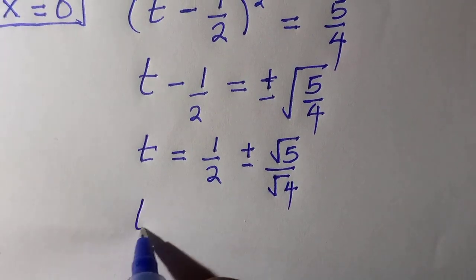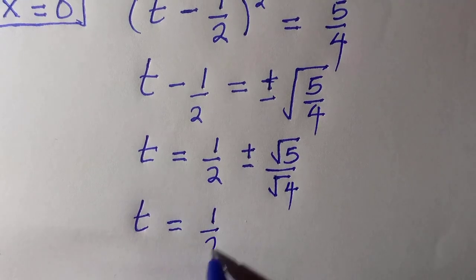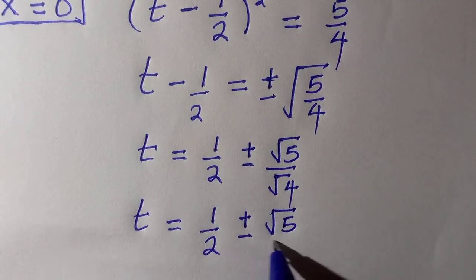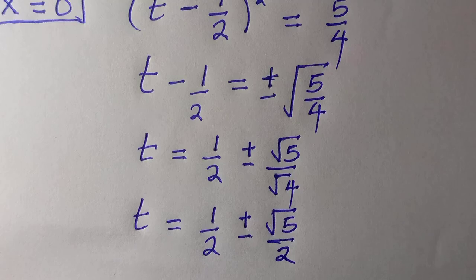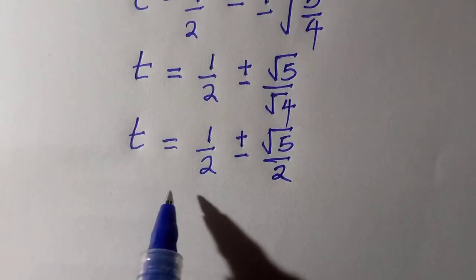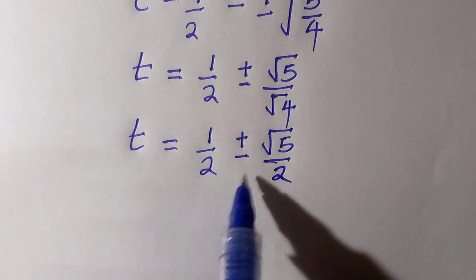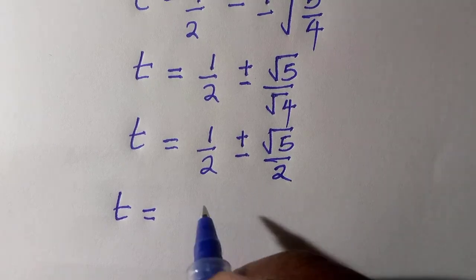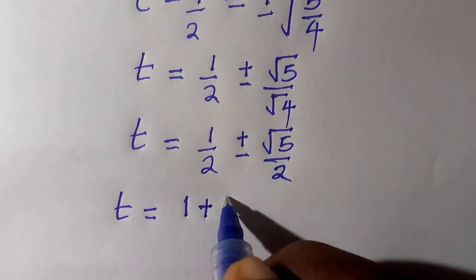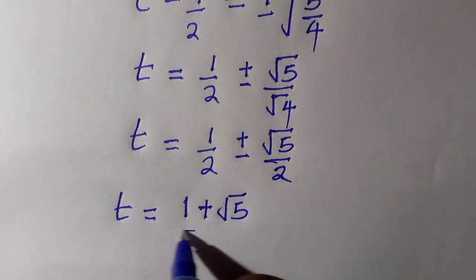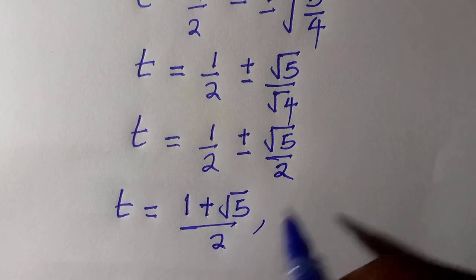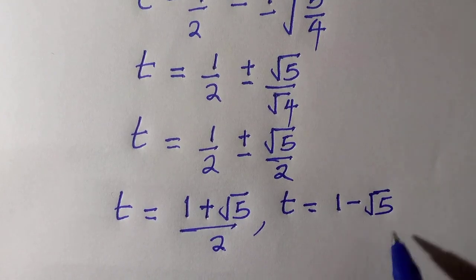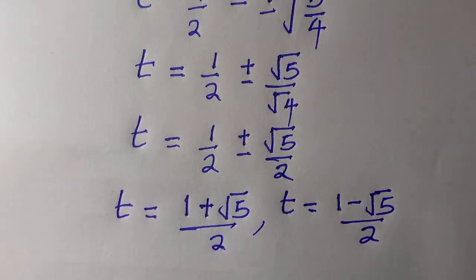And here we have t equals 1 over 2 plus or minus square root 5 divided by 2. So we have plus and minus here. We are going to separate this with plus and minus, and the first one is 1 plus square root of 5 divided by 2, and the second part of t equals 1 minus square root of 5 divided by 2.